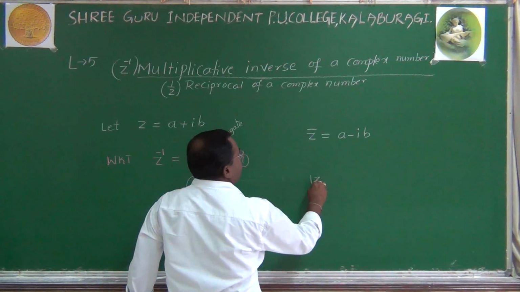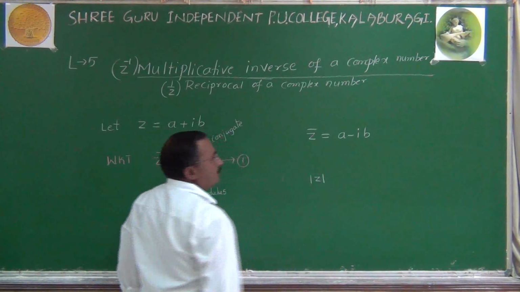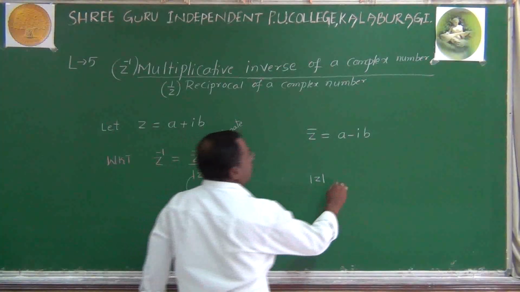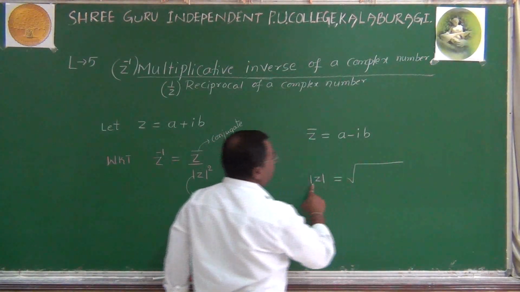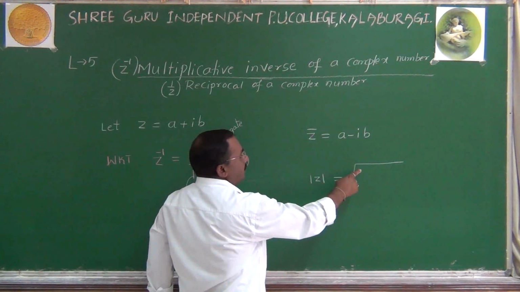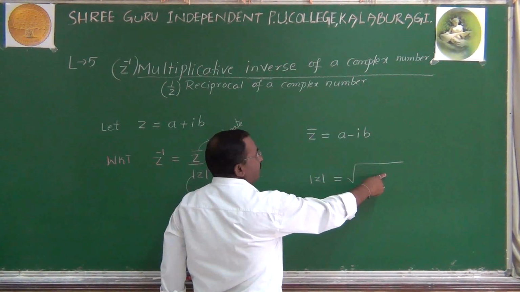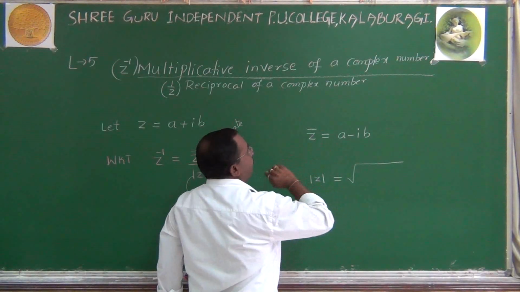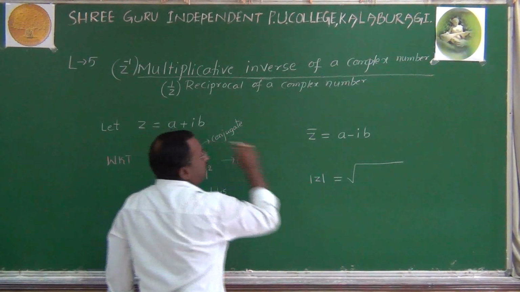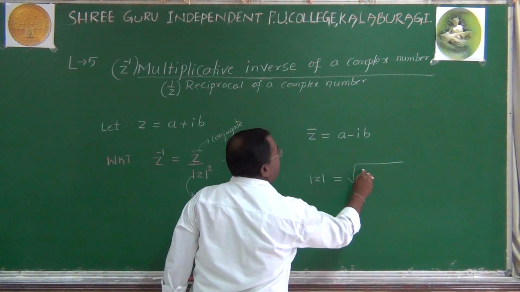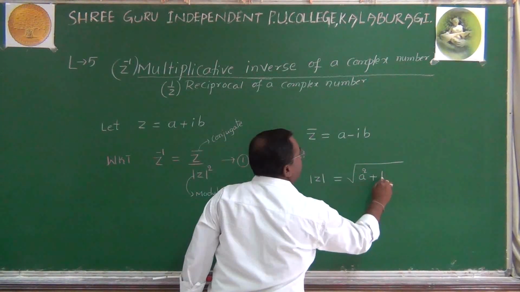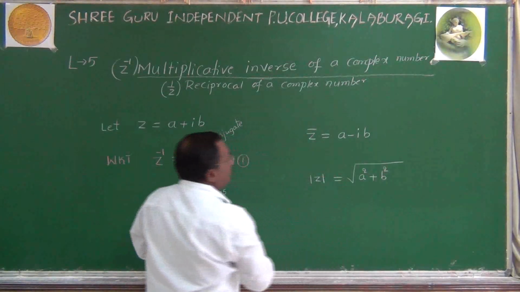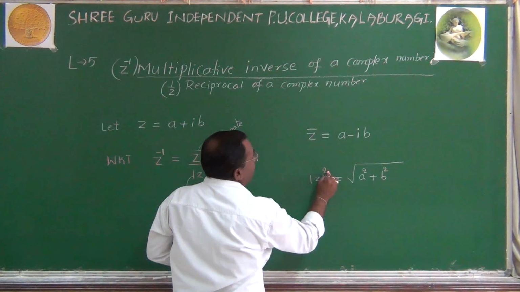Modulus of z is the square root of, definition of modulus is what? Square root of real part square plus imaginary part square. Here real part is a square plus imaginary part is b square.